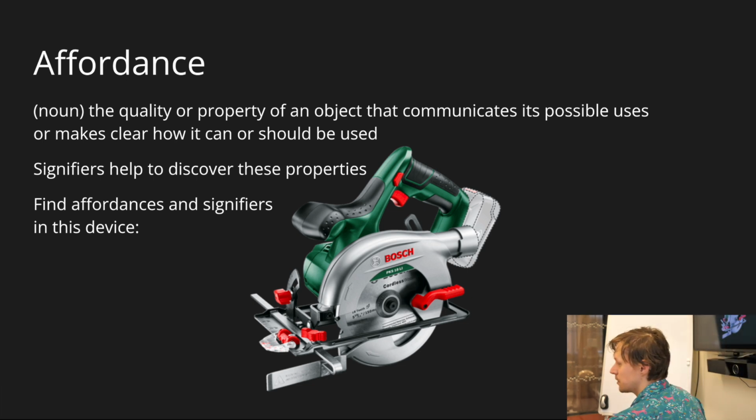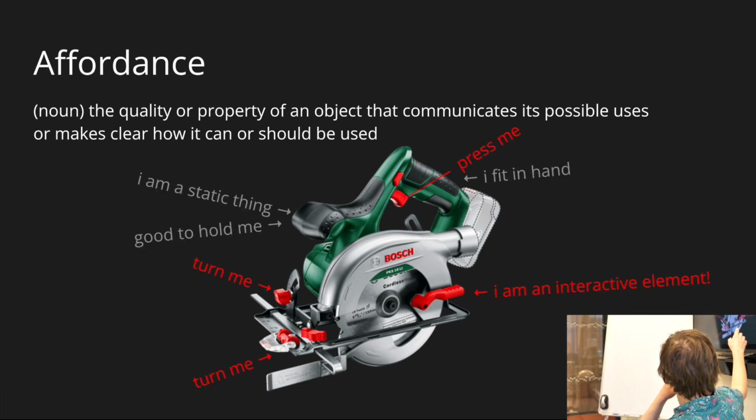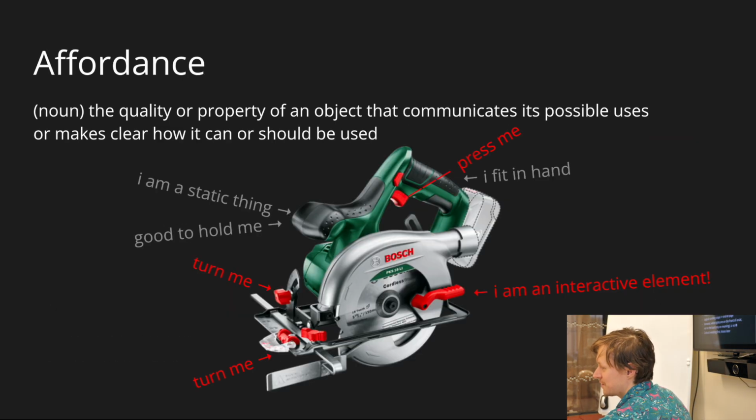We can find more of them here, but you see how the world communicates with you through that design. I'm an interactive element, turn me here. I'm good to hold. So those are the affordances, and I hope it's enough of an example for you to carry it further.